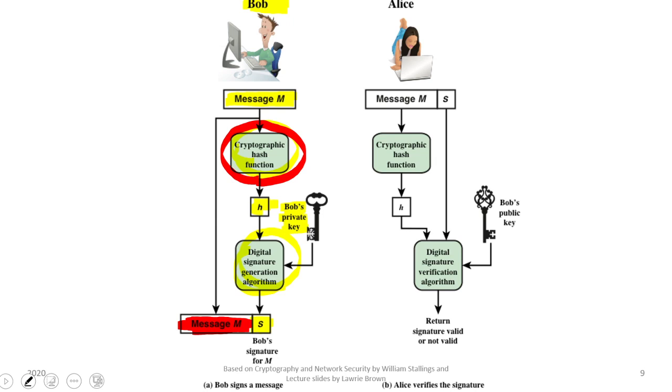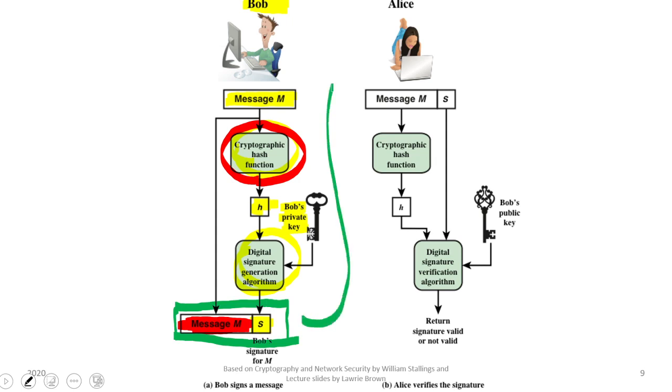So there, what would happen is Bob would combine both of these things, the message and the signature, and send it to Alice. And at the receiving end, Alice is going to receive both of these things, the message and the signature.